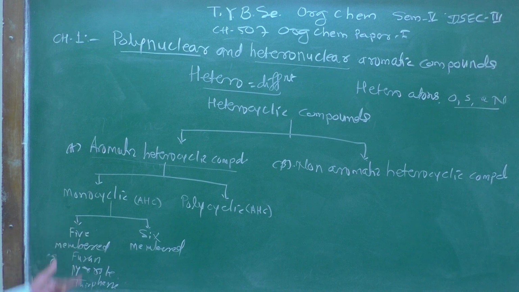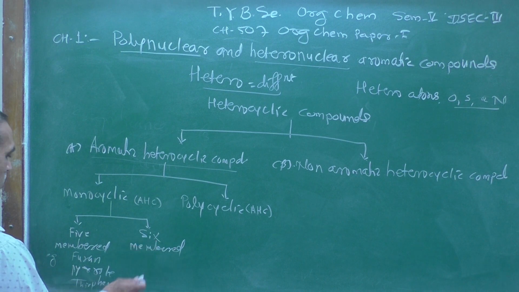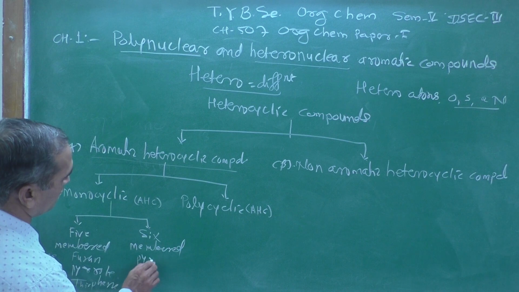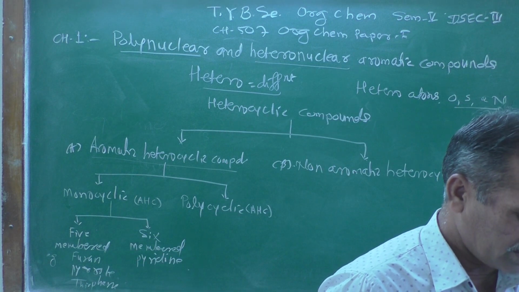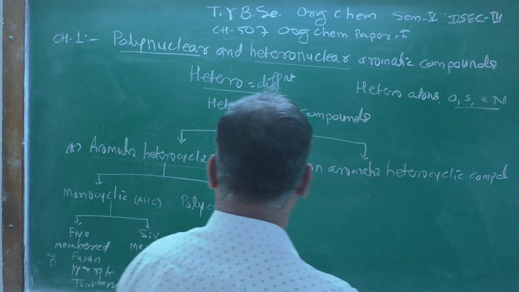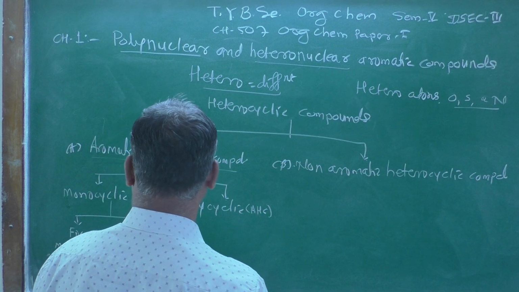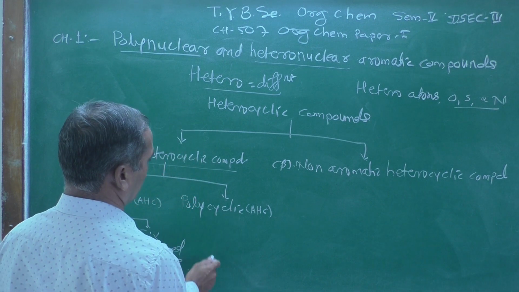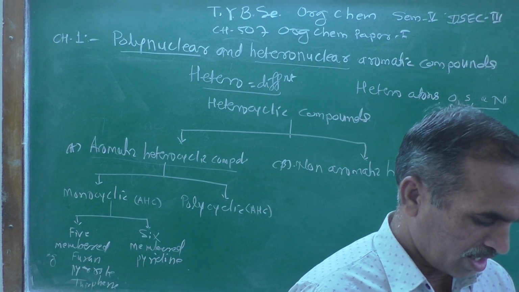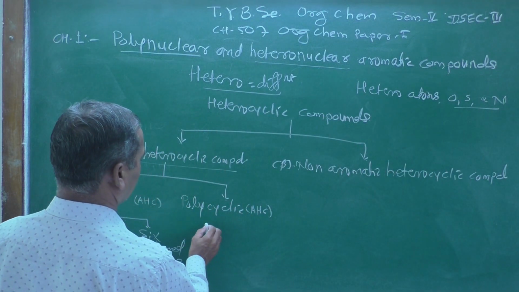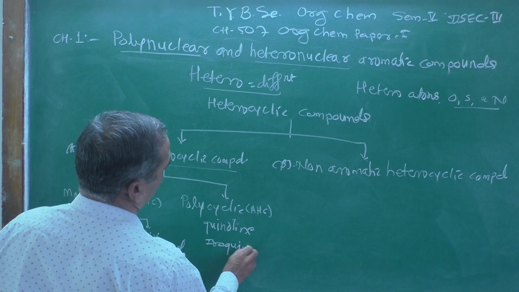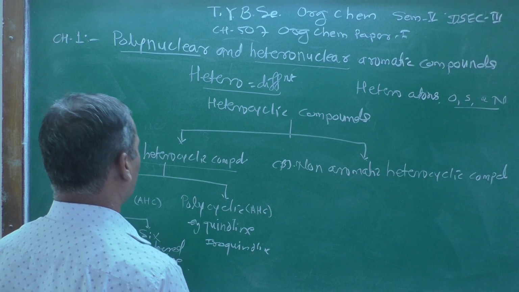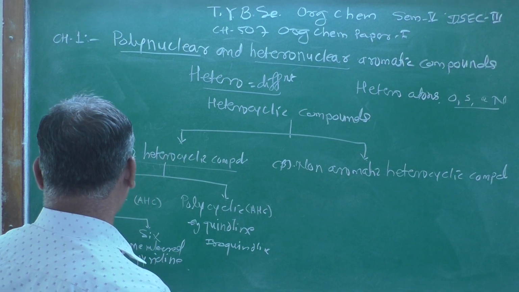These are examples of 5-membered monocyclic aromatic heterocyclic compounds, and the 6-membered one is pyridine. Pyridine is the only one which we are going to study here. Some others are there, but we are not going to study them. And here polycyclic means more than 2 rings. For example, polycyclic compounds are quinoline and isoquinoline. These are examples of polycyclic aromatic heterocyclic compounds.